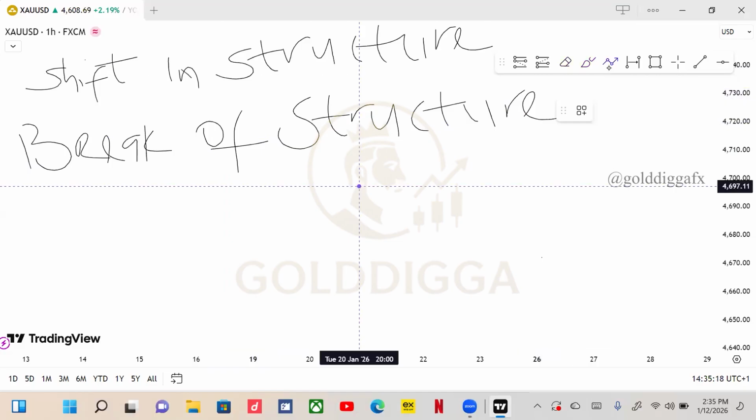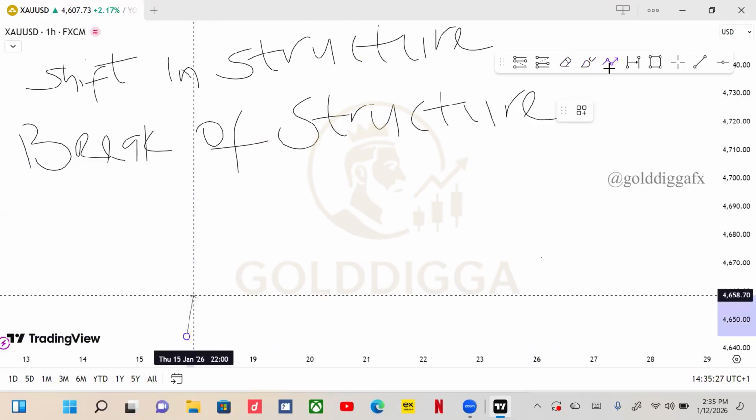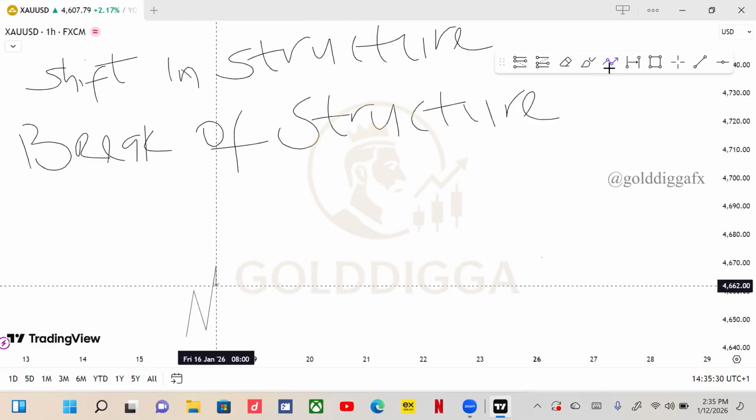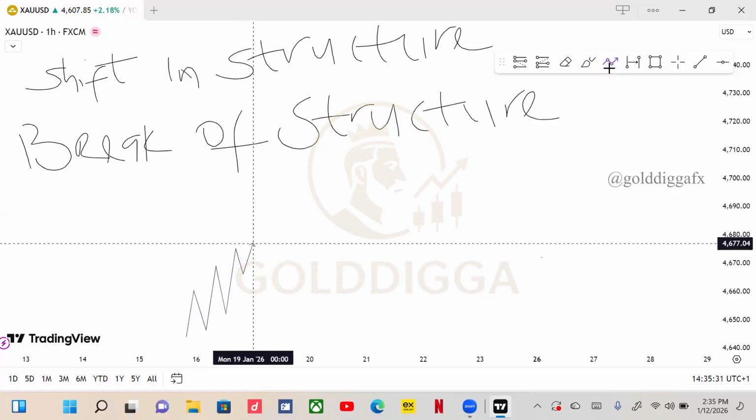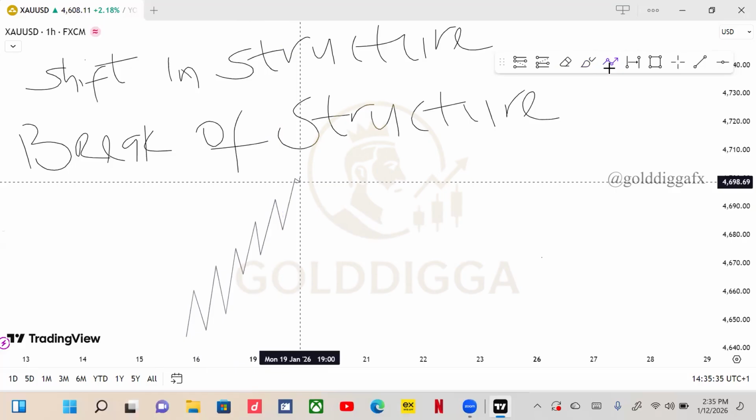A shift in structure is used to signify a reversal, which is when price is trending in an uptrend like this, right?